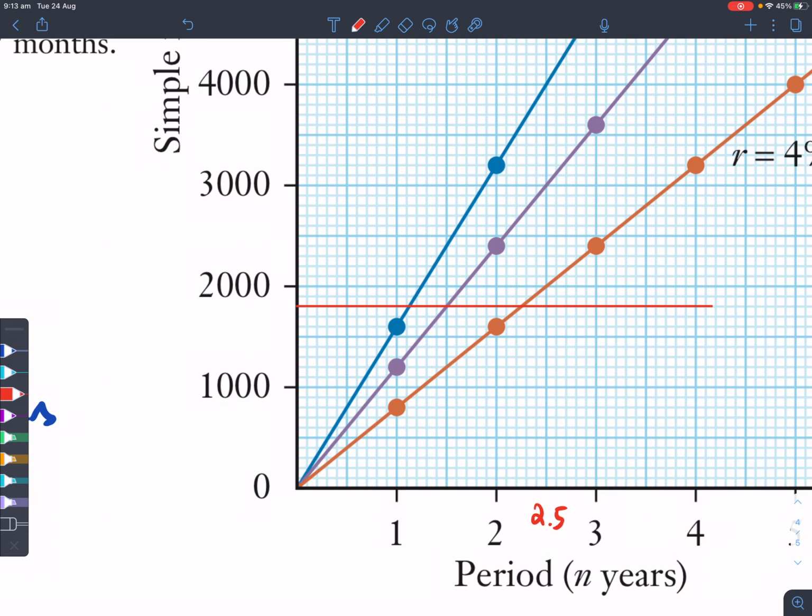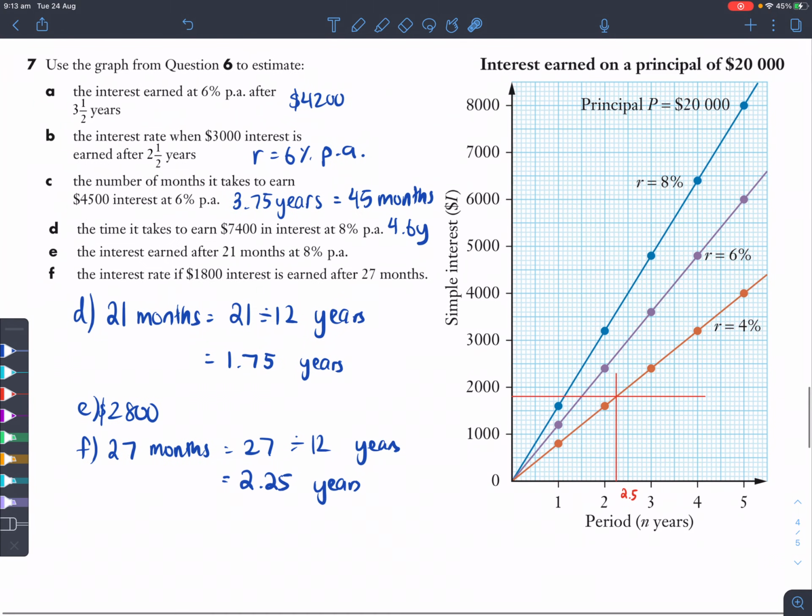We're going to draw a dot right there, go up, and see where it intersects right there. So what interest rate are we looking at? We're looking at an interest rate of 4%.